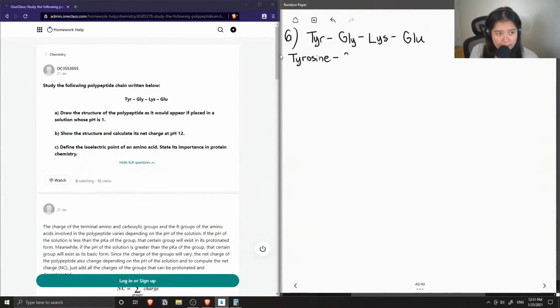Gly is glycine. Lys is lysine. And finally, Glu is glutamic acid. I'm going to run out of space, so let me just move that over. Glutamic acid.